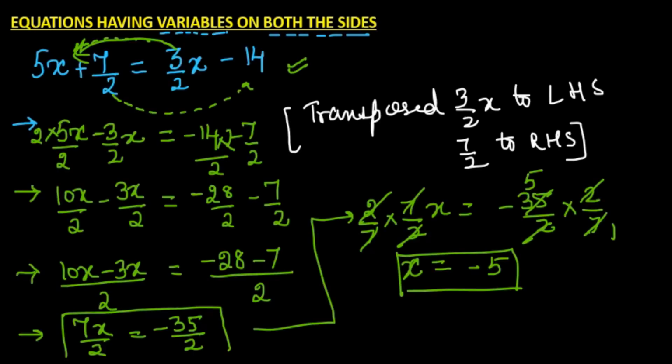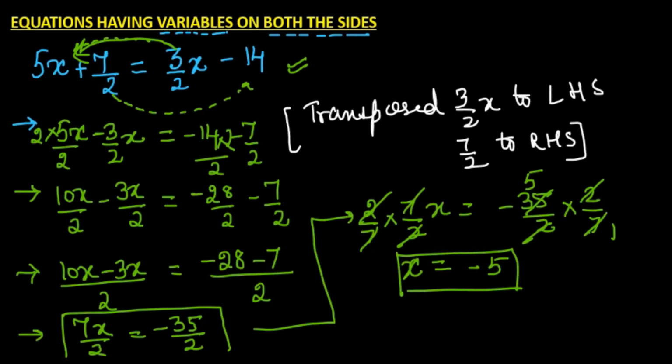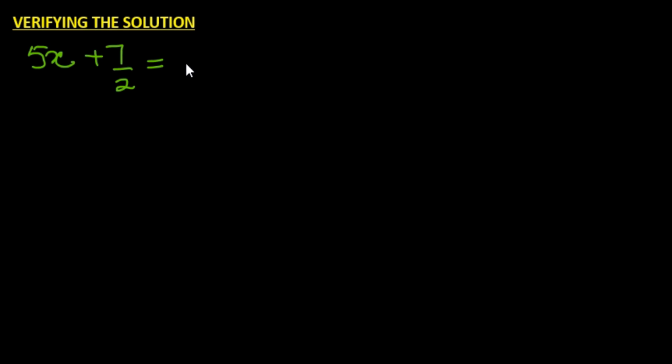5x plus 7 by 2 is equal to 3 by 2x minus 14, and the solution which we have got is x is equal to negative 5.